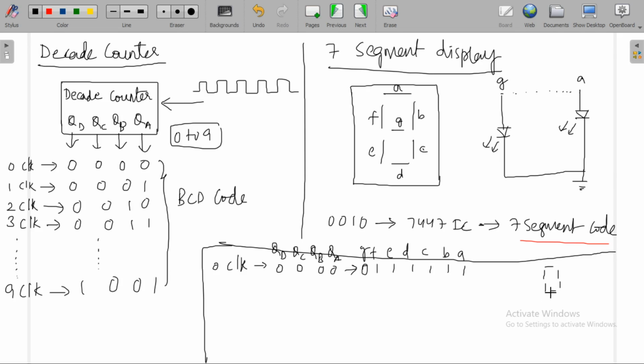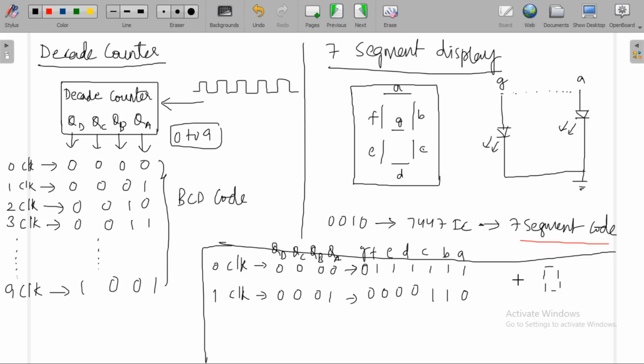It displays 0. 1 clock, code will be 0001. That 7 segment code will glow B and C, and that will turn off remaining LEDs.